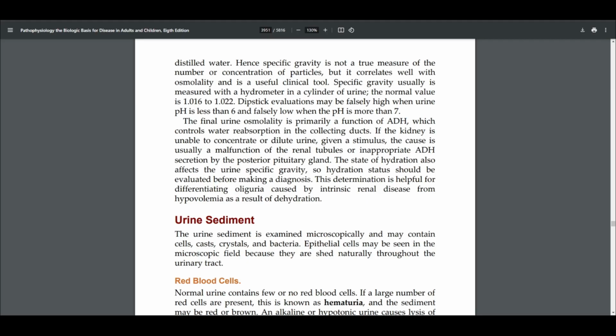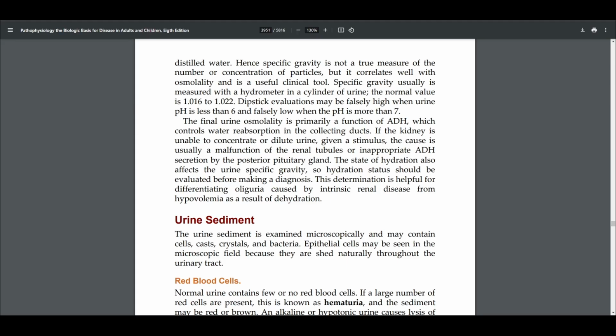The final urine osmolality is primarily a function of ADH, which controls water reabsorption in the collecting ducts. If the kidney is unable to concentrate or dilute urine, given a stimulus, the cause is usually a malfunction of the renal tubules or inappropriate ADH secretion by the posterior pituitary gland.